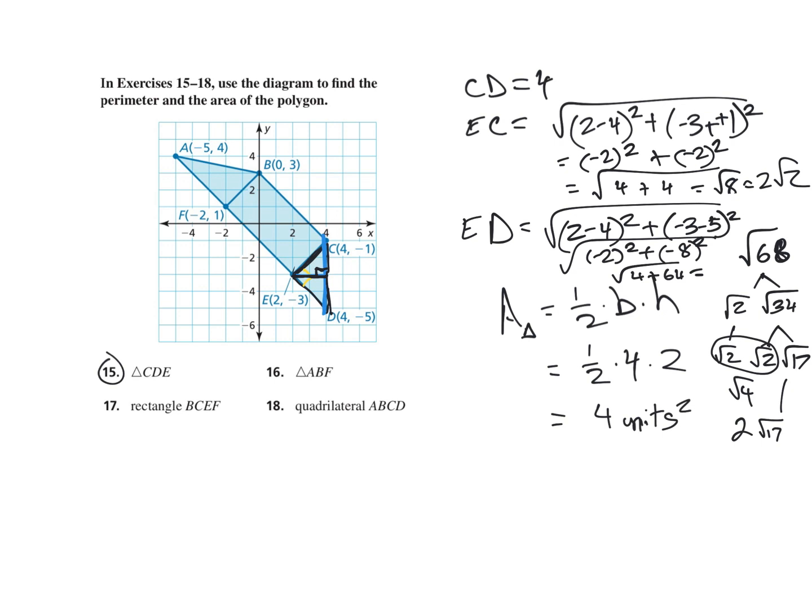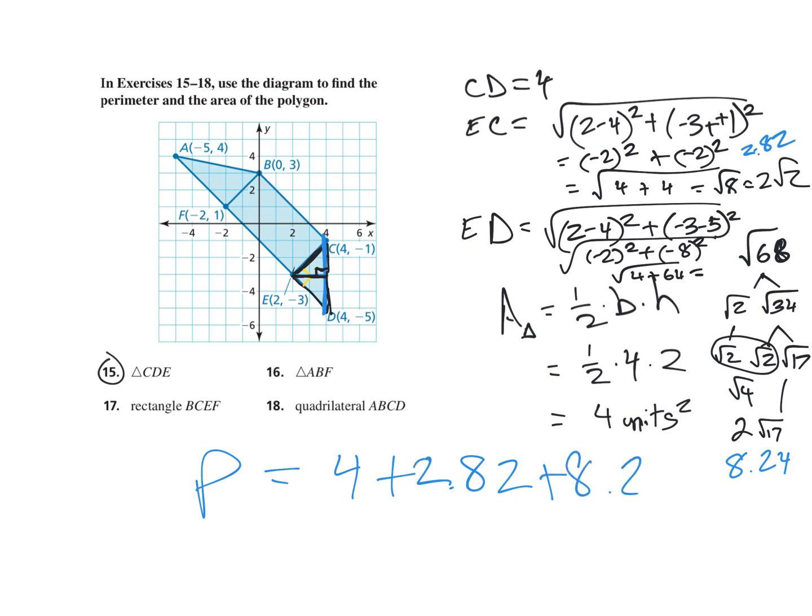Square root of 8 is going to be 2.82. And then the square root of 68 is going to be 8.24. All right, so for perimeter of this figure, we have 4 plus 2.82 plus 8.24.